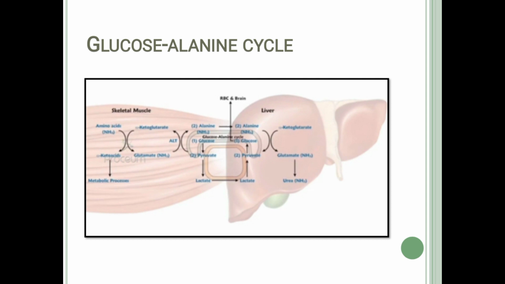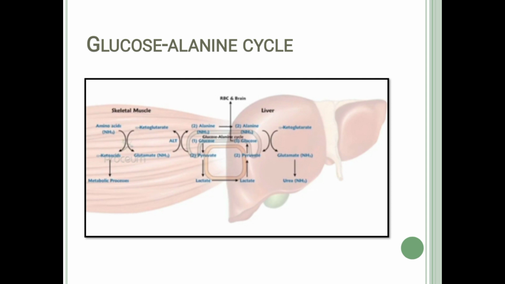Now alanine is the predominant amino acid that gets out of the skeletal muscle into the circulation, and when it reaches the liver, the liver takes that alanine into the hepatocytes.